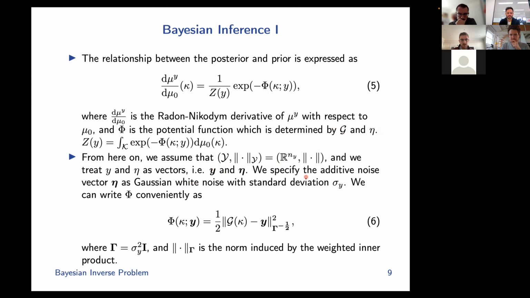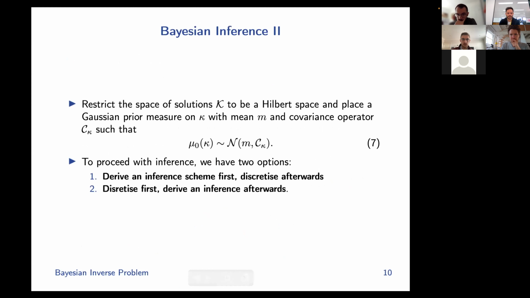And we assume that the additive noise is Gaussian white noise with standard deviation σ_y, and this allows us to write the potential function as follows, where this Γ matrix is a diagonal matrix.